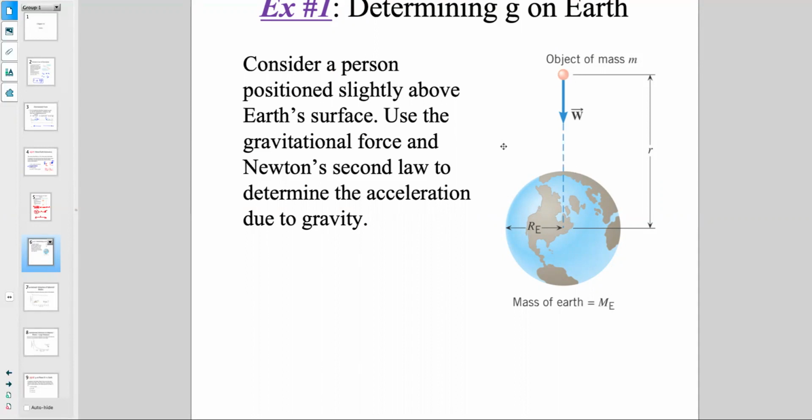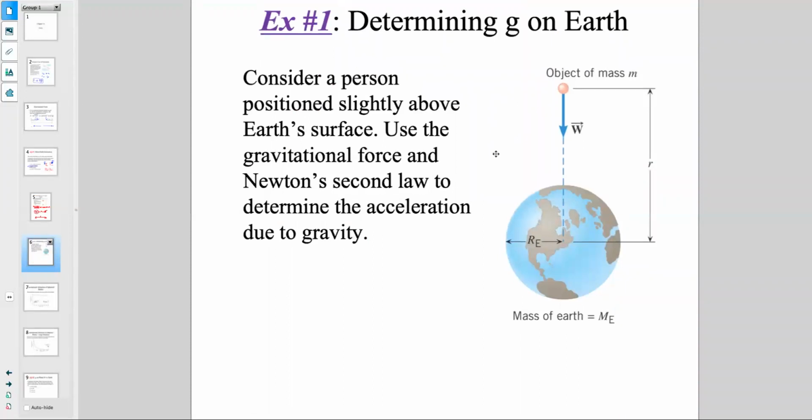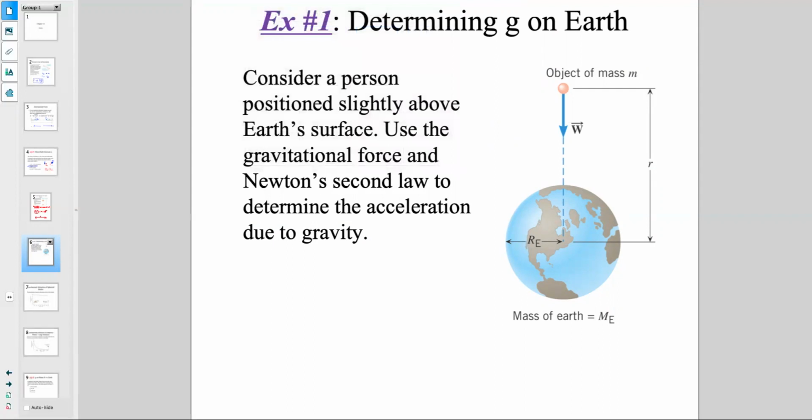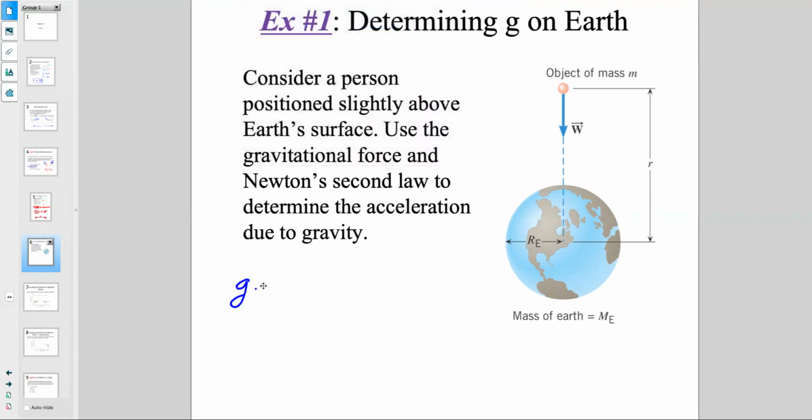And then we would like to find the g due to the gravity of the Earth. So in other words, I am interested to find this g, to see what this g is. We know that if I have a particle, then Earth would apply the force of gravity to it, and that force of gravity is F equals ma.